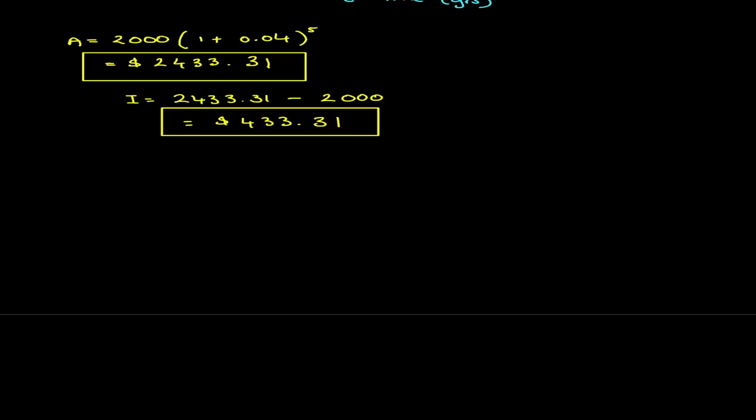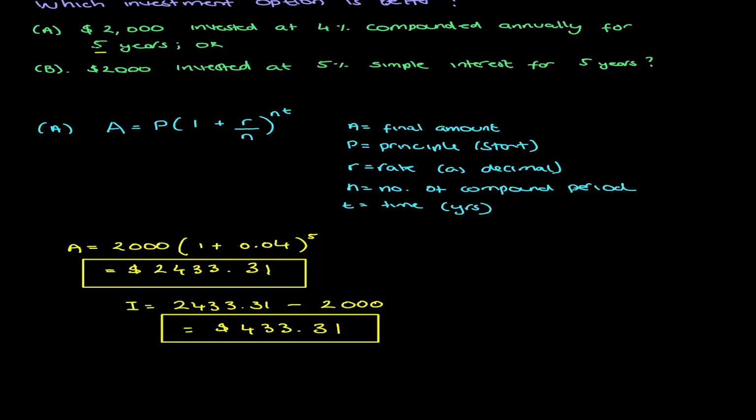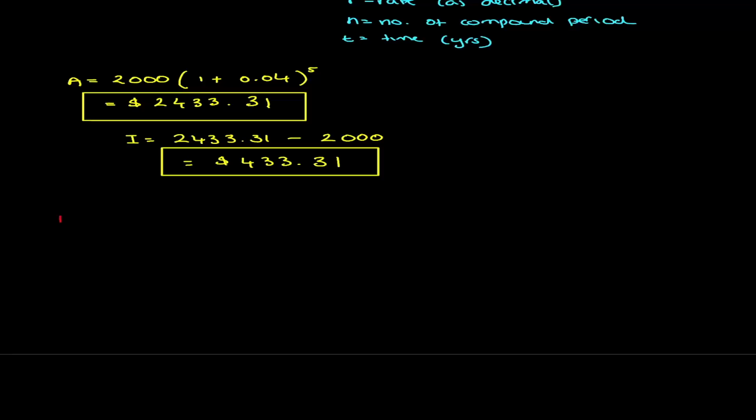So option B was simple interest and it was 5% for 5 years and the same amount invested. So the simple interest formula, I'll call it SI, is principal, again what you start off with, multiplied by your rate, multiplied by your time. So that's simple interest.